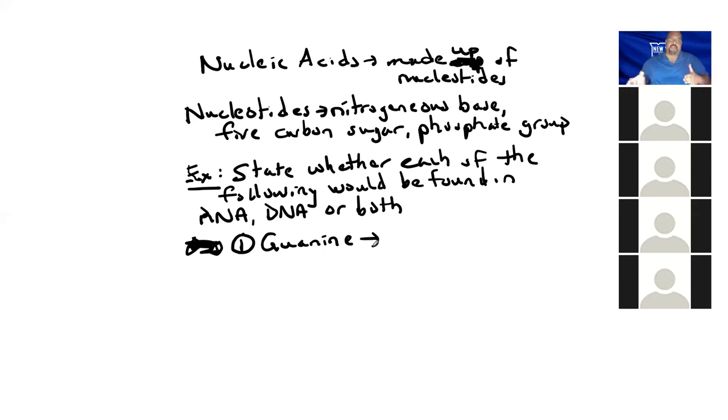Remember, RNA and DNA have 4 nitrogenous bases. 3 of them are common to both. Is guanine one of those nitrogenous bases that are common to both? And the answer is yes. So guanine would be found in both. So that's number 1.